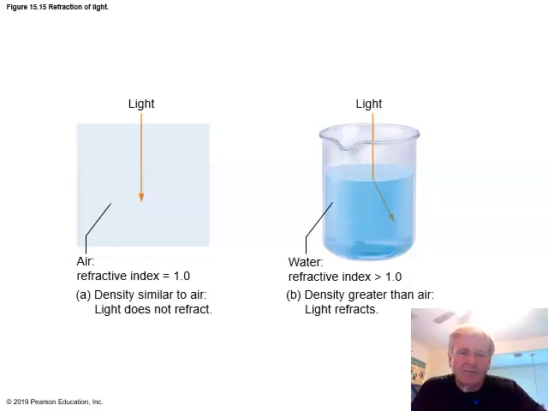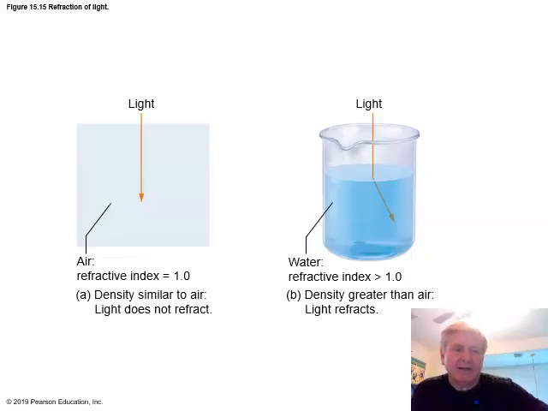So density is similar to air. The light will not refract. Okay, whereas water has a refractive index greater than 1. So when light rays enter the water surface, the light ray will bend.